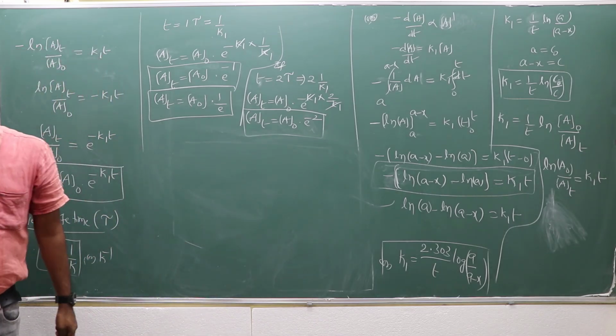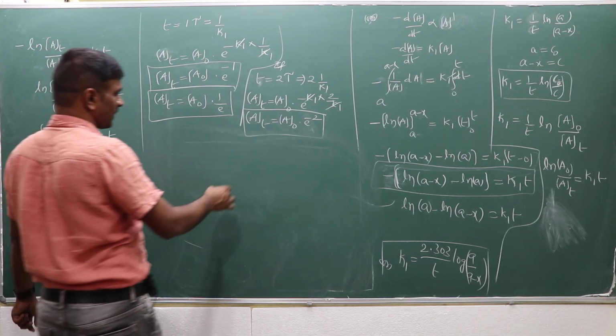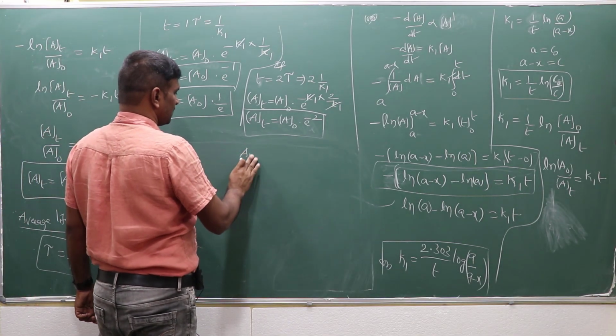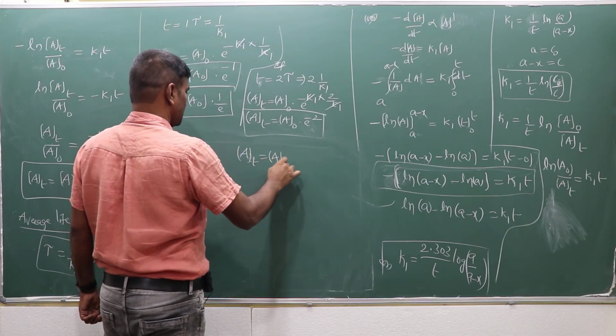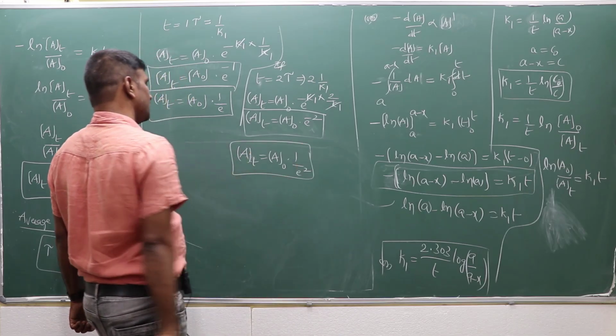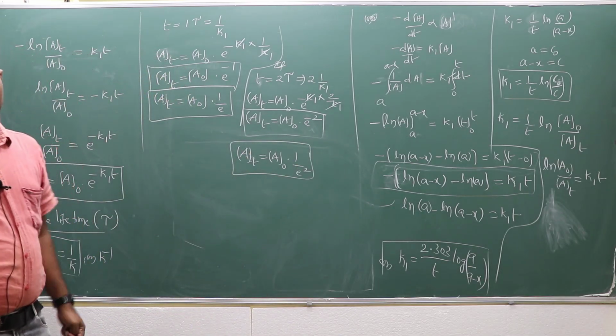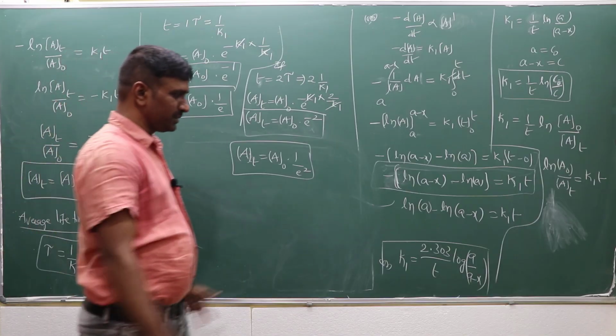So At is equal to A0 into 1 by e square. From a problem-solving point of view, we have to use any one of these methods.